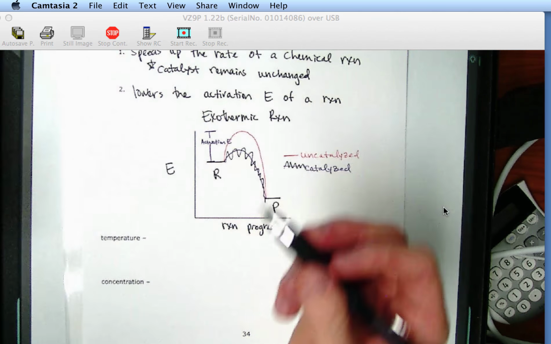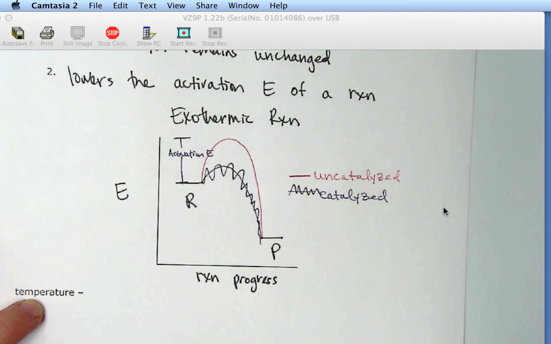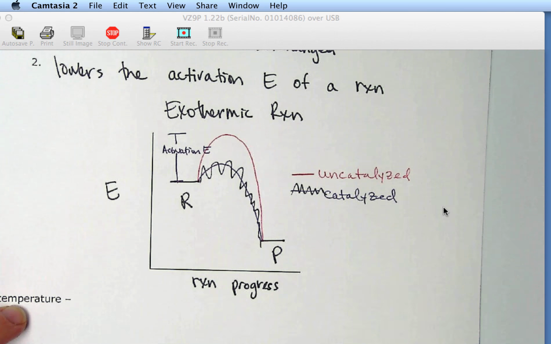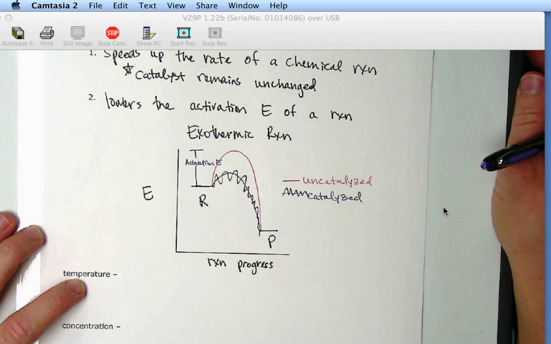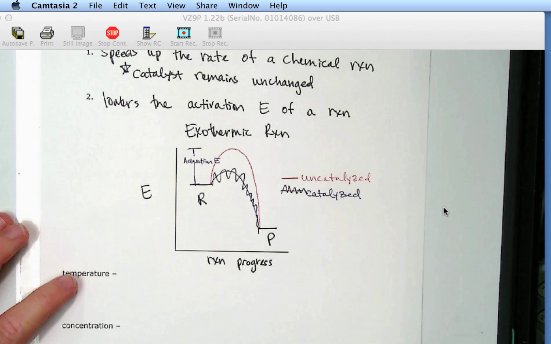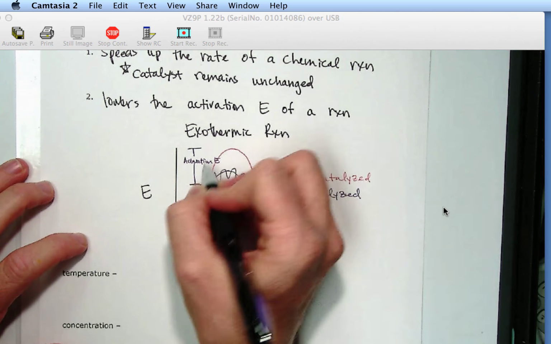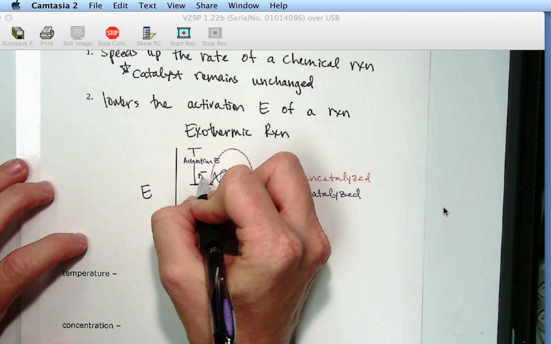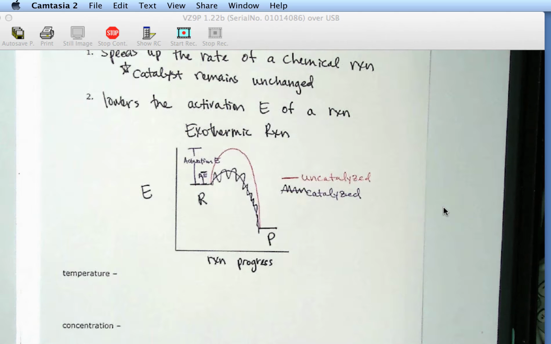So it's that much activation energy. The catalyzed, look how big the activation energy is. So that's how a catalyst speeds up the rate of the reaction. It makes that hump that you have to get over a lot smaller.